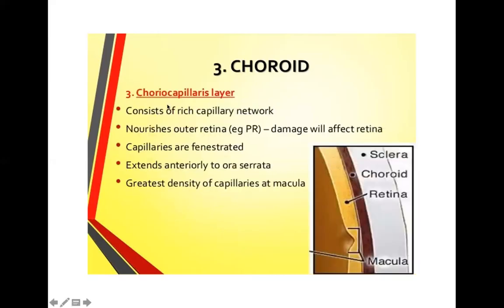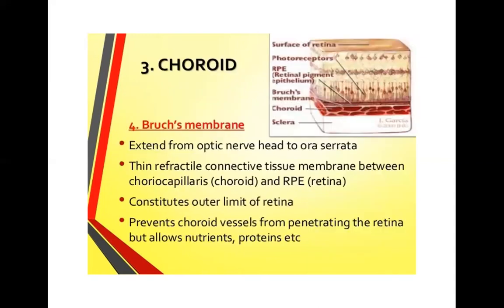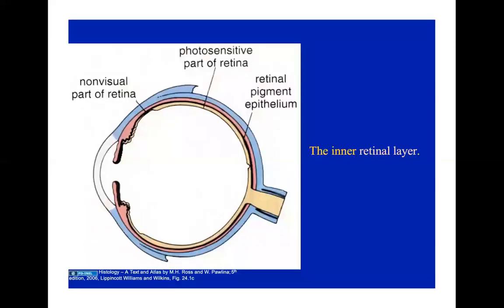The next layer is your choriocapillary layer that consists of a rich capillary network, and this one nourishes the outer retinal layer. From this is the innermost layer that connects to the retina. That's your Bruch's membrane. This one usually extends from the optic nerve head to the ora serrata. Okay, so this constitutes the outer limit of the retina.